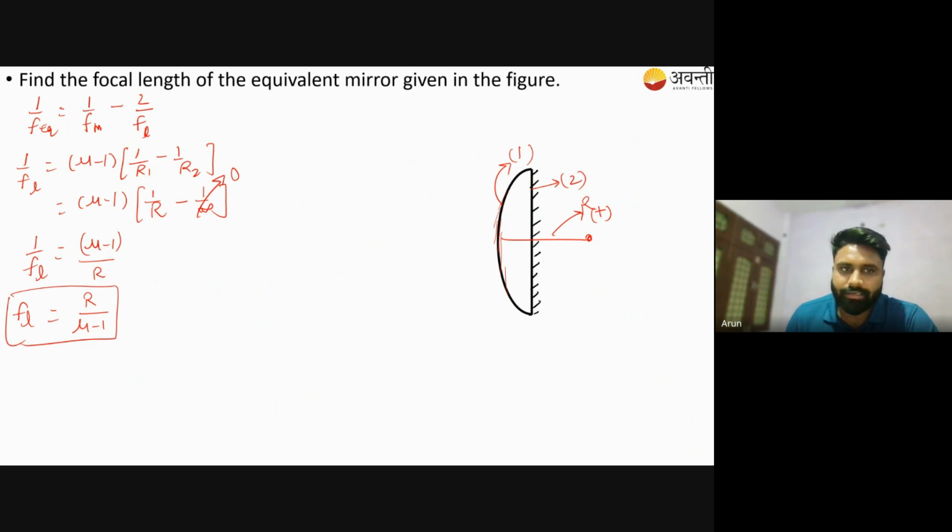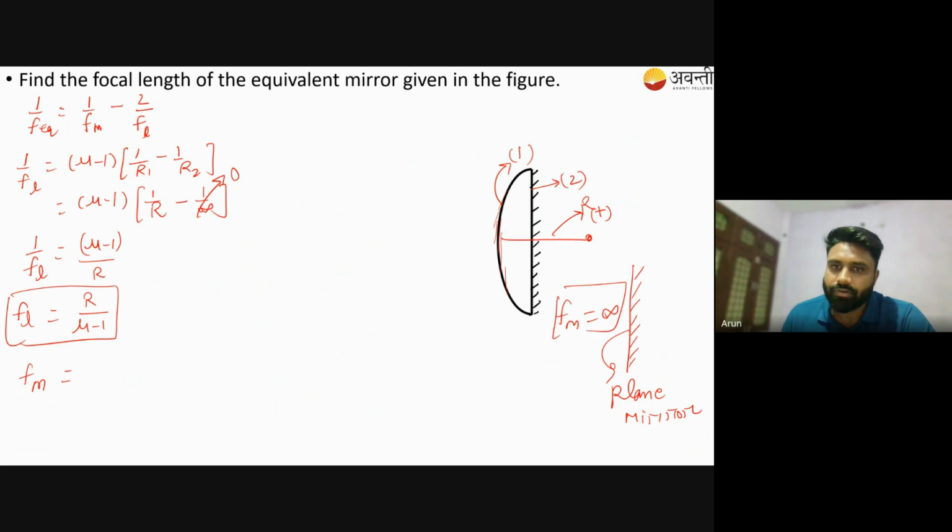We have calculated this. Now FM. The surface which we have silvered is the plane surface, so it will act as a plane mirror. And I have told you in the earlier classes, the plane mirror has a focal length of infinity.